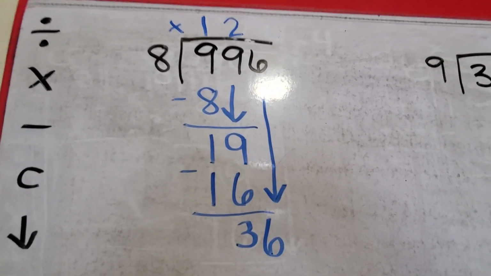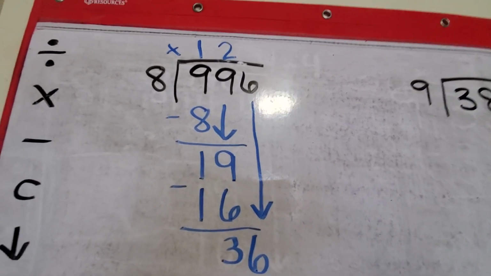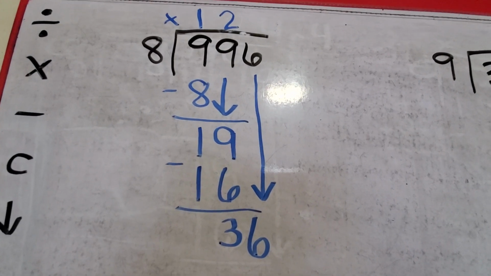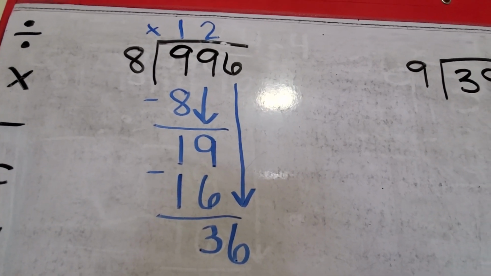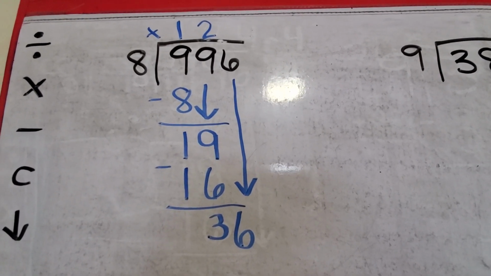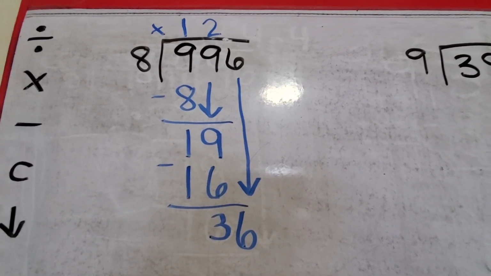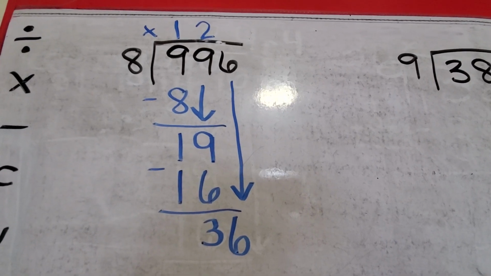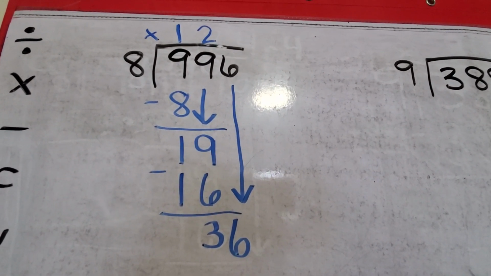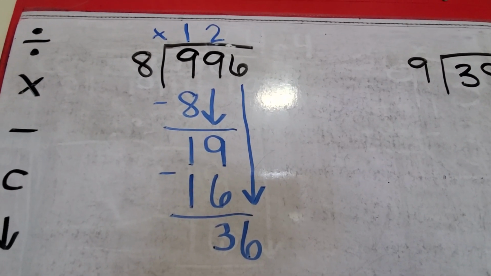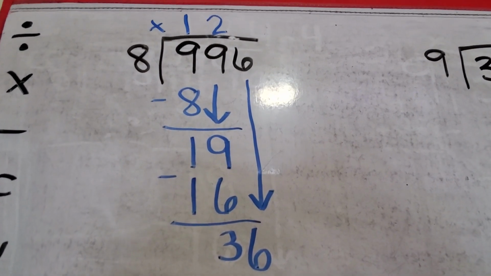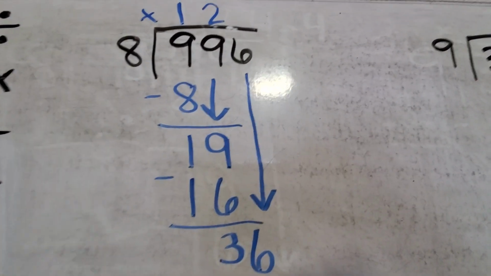Now I have 36 ones. So then I have to think, how many groups of 8 can I make out of 36? I'm going to count by 8s to figure this out. 8, 16, 24, 32, 40. Ooh. 40 is too far. So I counted by 8s up to 5, so I'm going to go back 4 times.